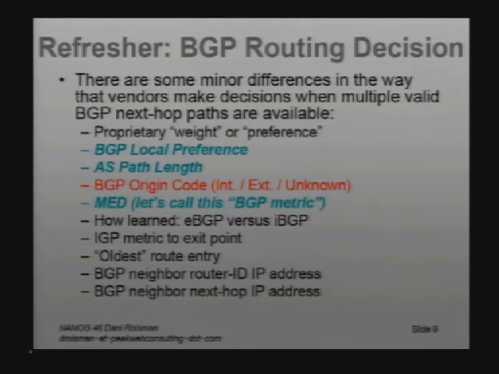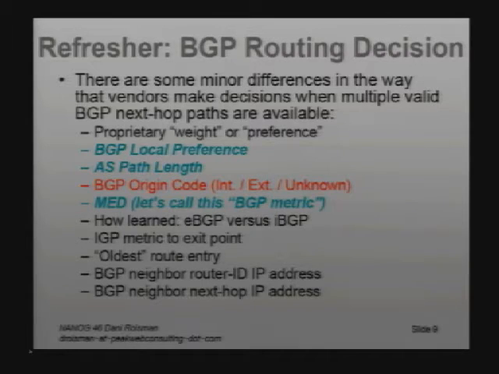So typically, for decisions made on a prefix, a router might compare weight between multiple options, BGP local pref, AS path length, an origin code, a MED, which I'm going to call the BGP metric, how the route was learned, was it eBGP versus iBGP, the IGP metric to the endpoint, do I have to cross the country before I hit that ISP, or is it in the same city as I am?